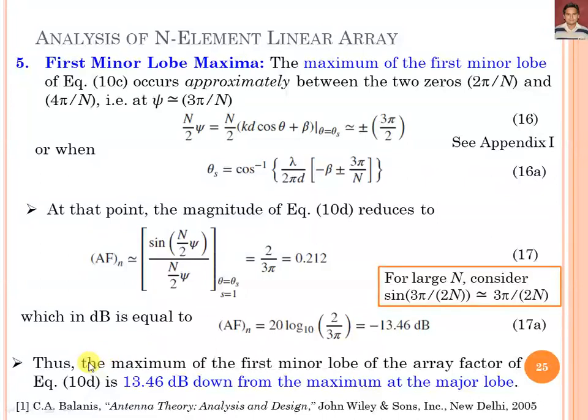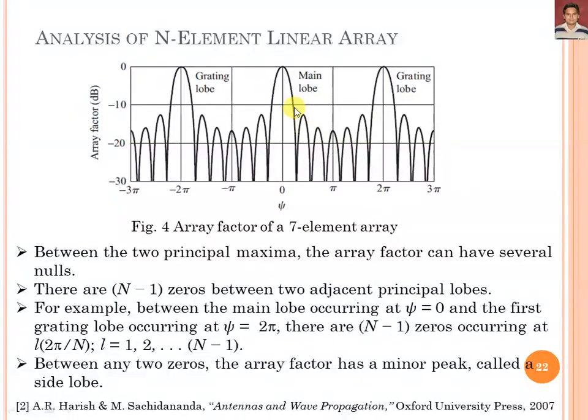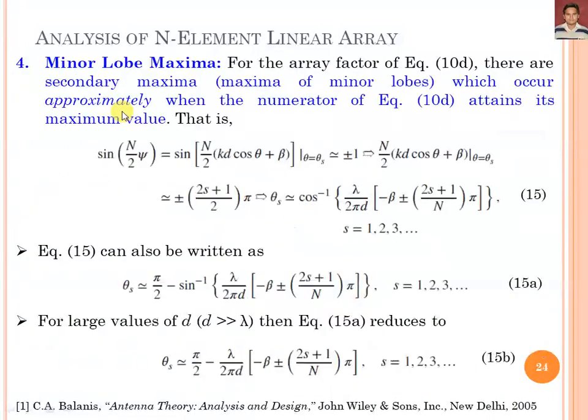We can conclude that the maxima of the first minor lobe of the array factor of equation 10d is 13.46 dB lower than the maximum at the major lobe. The minus sign represents that the value is lower, and this can be seen here. This is the maxima, and this is the first minor lobe maxima, and this value is minus 13.46.